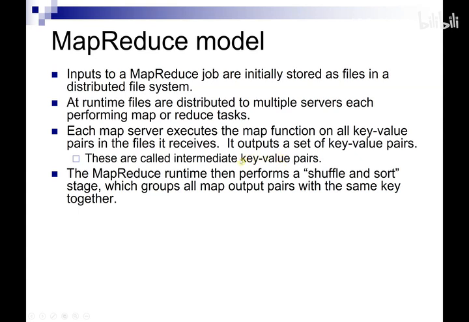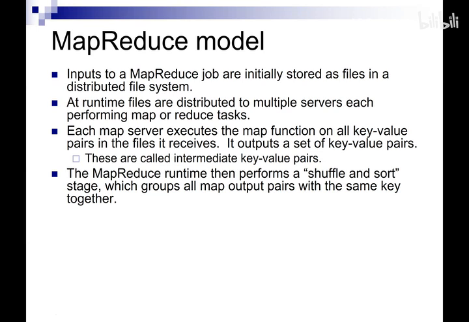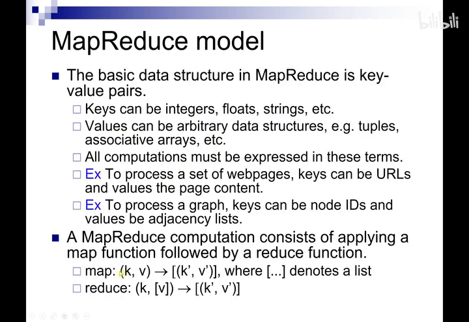And so it's going to take all of the values associated with the same key and group them together. Okay, so this is why you have, for example, in this reduce stage, a single key and a bunch of values, okay? Because we're going to take all of these intermediate values which were generated, and for all the values which have the same key, we're going to put them together in the shuffle and sort stage.